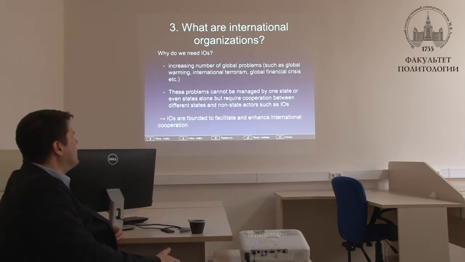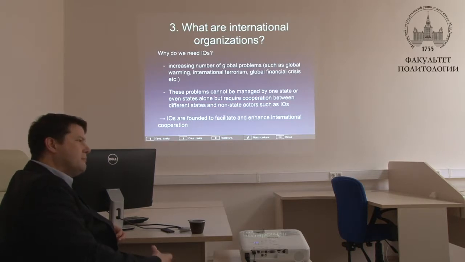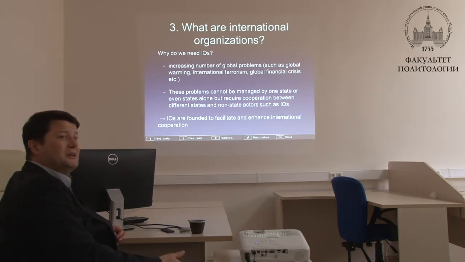These problems cannot be managed by one state or even by states alone, but require cooperation between different states and non-state actors such as international organizations. This is a rather modern explanation of why international organizations are needed.